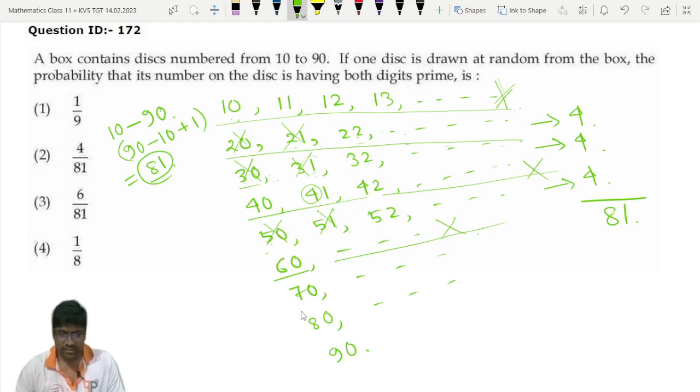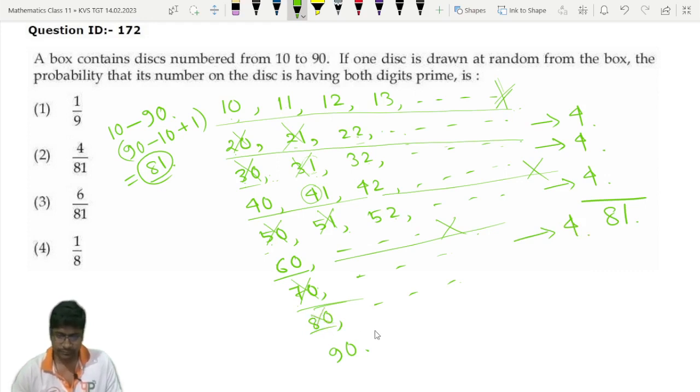So now 7 0, come to this row. 7 0 we will not take because 0 is not a prime number. 7 1 we will not take, 7 2 we have to take, 7 3 we have to take, 7 4 no, 7 5 yes, 7 6 no, 7 7 yes, 7 8 no, 7 9 no. So here also we are getting 4.